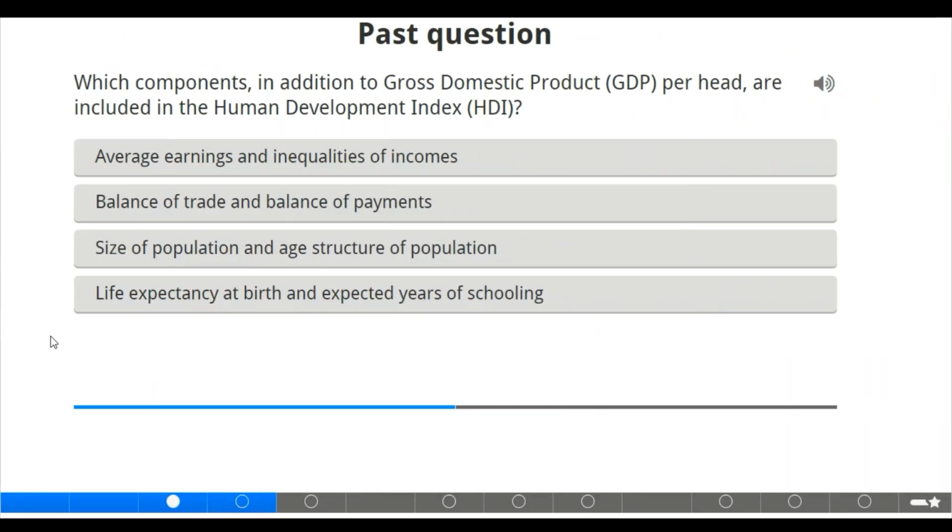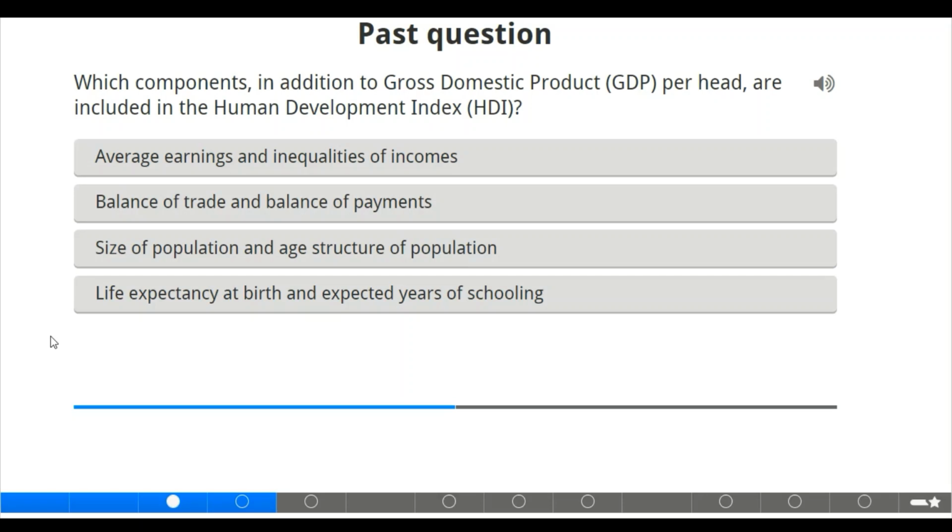Moving to the next slide, we have one past question related to what we just did. Which components, in addition to gross domestic product per head, are included in the human development index? We said earlier that the human development index includes income, life expectancy, and so on. Now let us check out the options here.